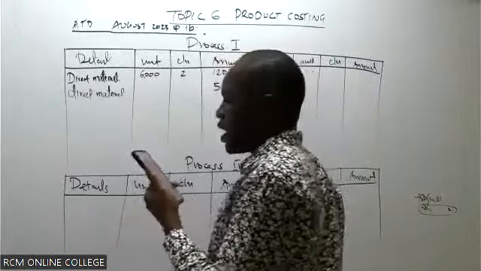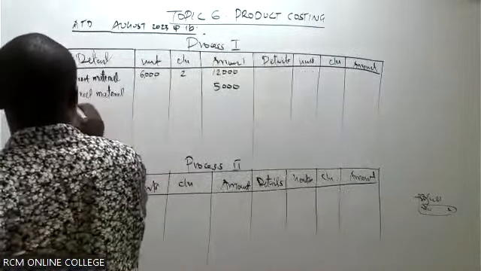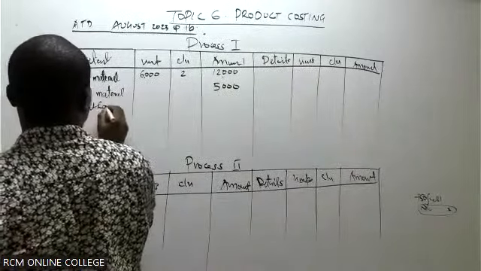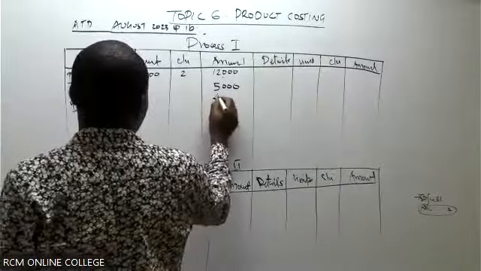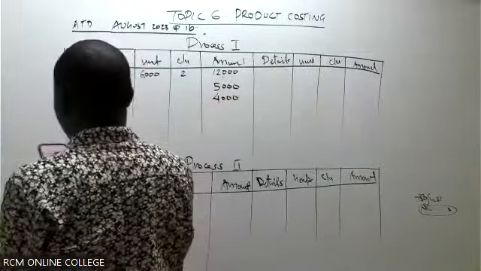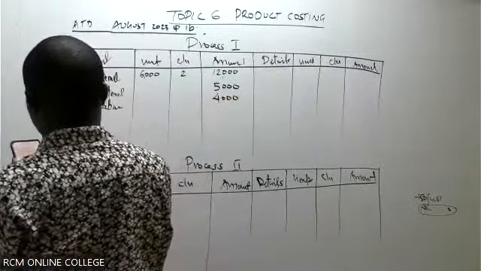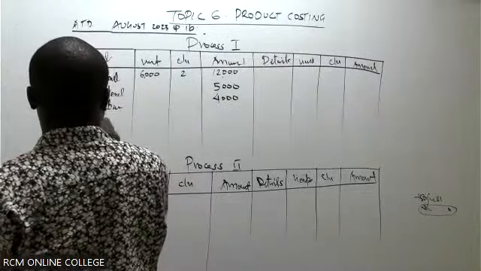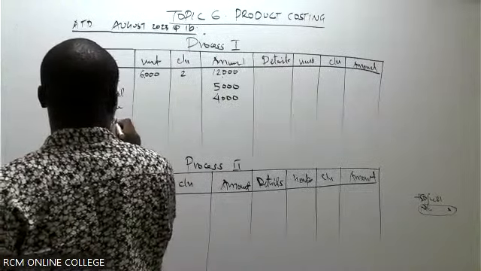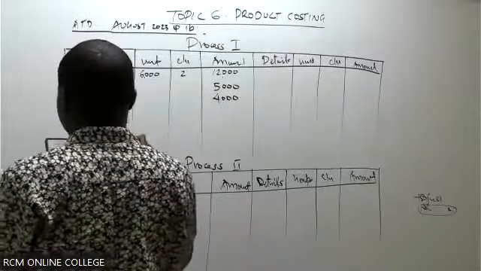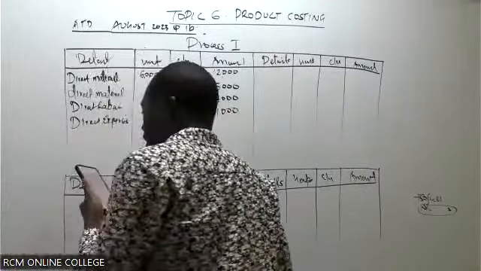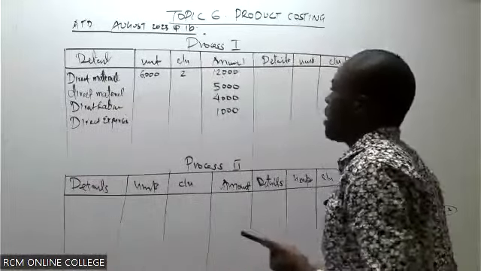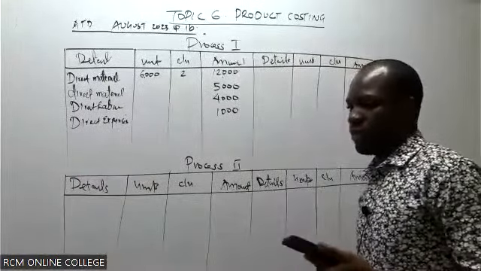After that, we have direct labor of 4,000. Then we have direct expenses of 1,000. Are they giving us anything about the overheads?